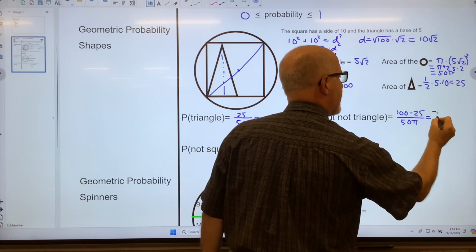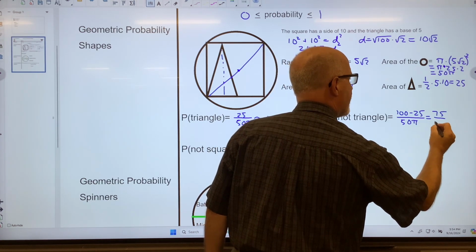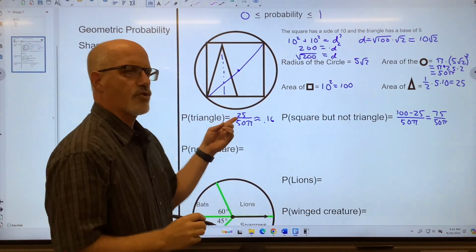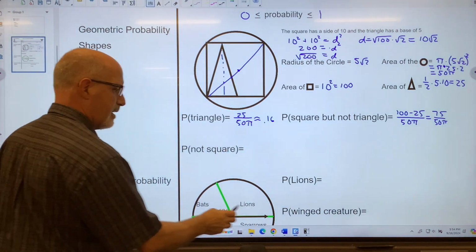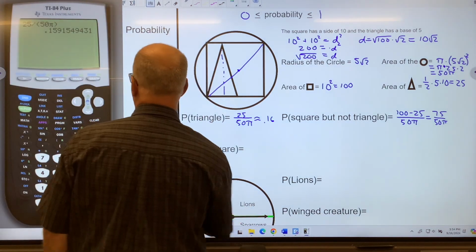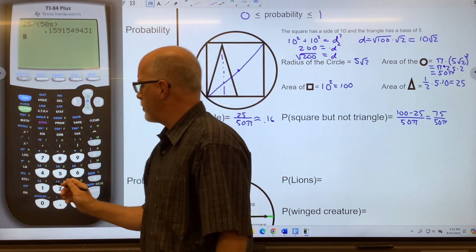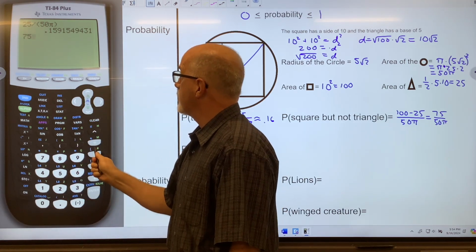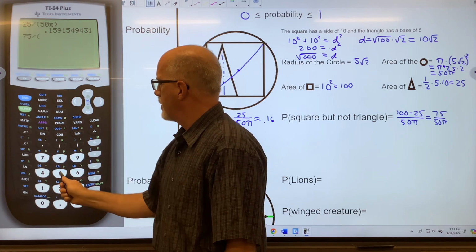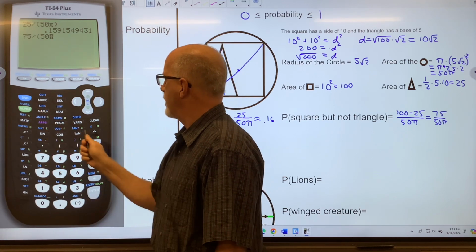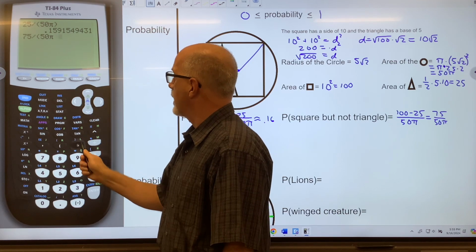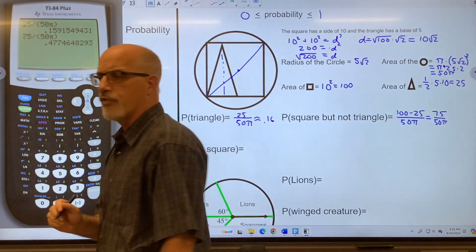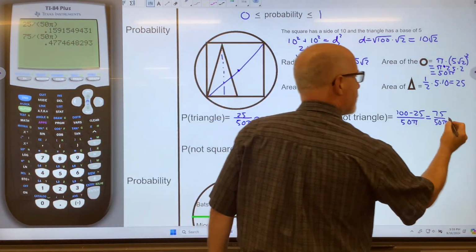So that will be 75 over 50 pi, which in essence is this one tripled. So if I go ahead and do 75 divided by parentheses 50 pi, I get about 0.47, 0.48. So about 0.48.